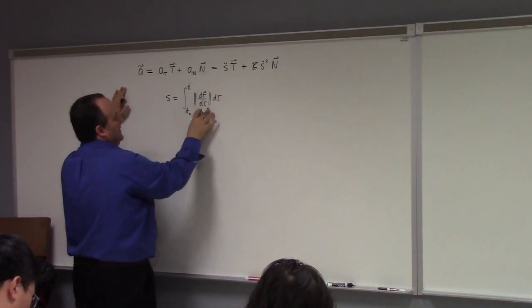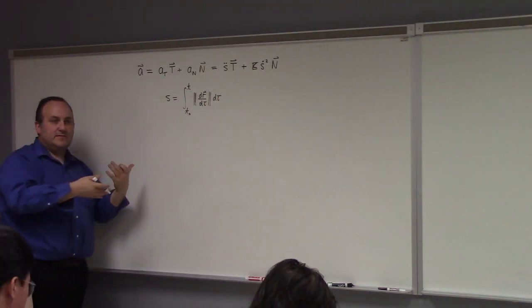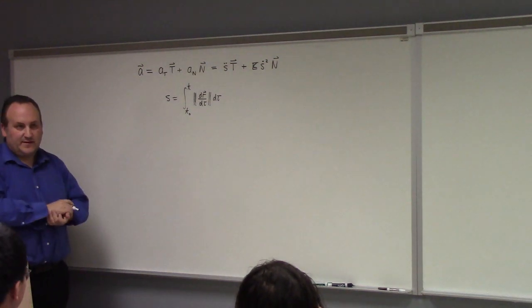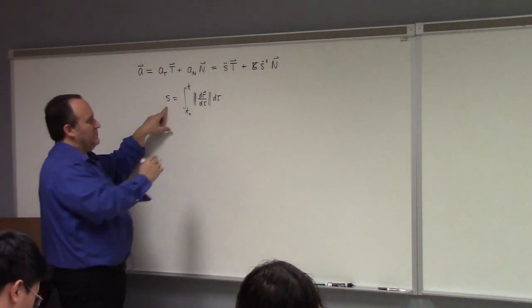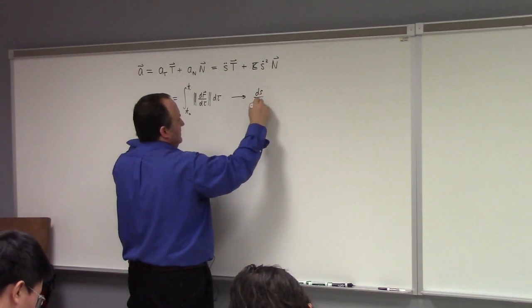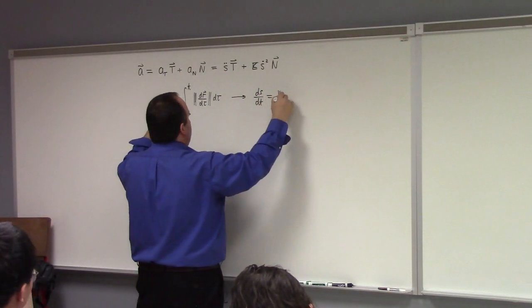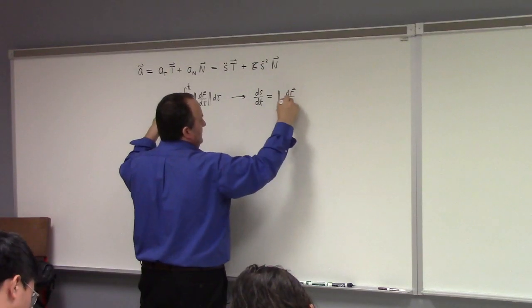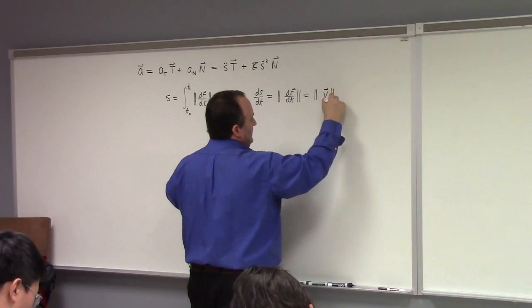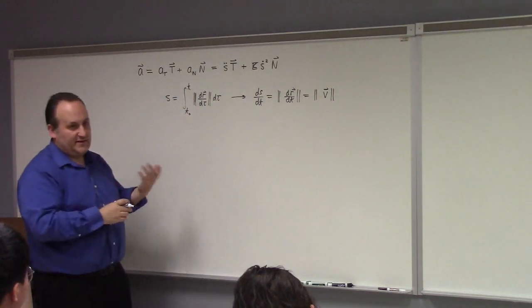So we integrate the speed over time. That gives us the arc length as a function of time, right? So this, of course, also means that ds dt is equal to the magnitude of dr dt, or if you like, in physics speak, the magnitude of the velocity. The speed is the magnitude of the velocity.